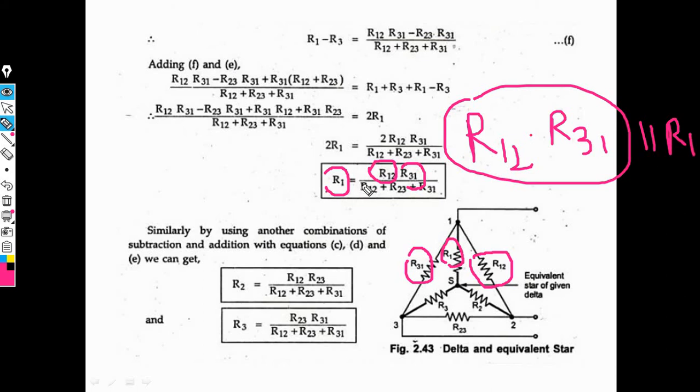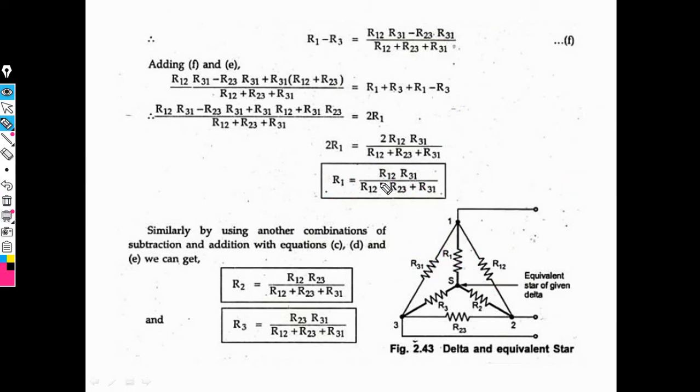That is R1 is equal to R12 R31 upon the addition of R12, R23 and R31. That is here. And this R1 is parallel to R12 and R31, but this R31 and R12 are connected in series.